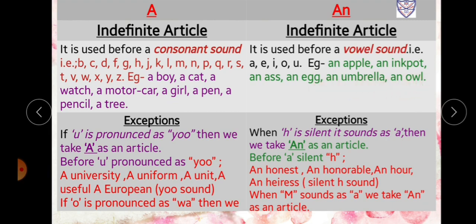So an we will use only before a vowel sound, that is A, E, I, O, U, and a we will use before a consonant sound.